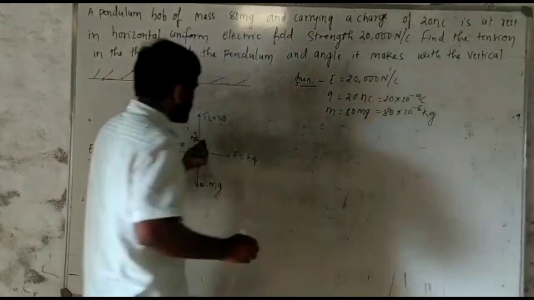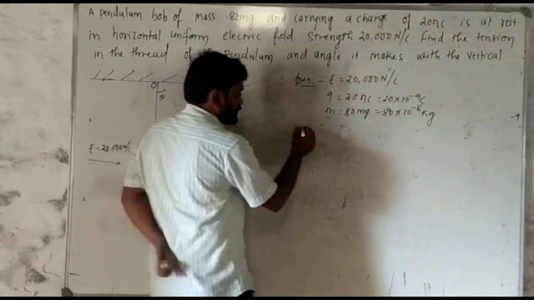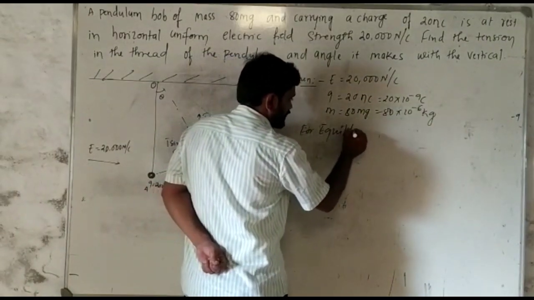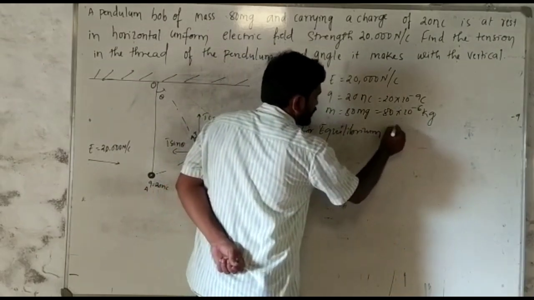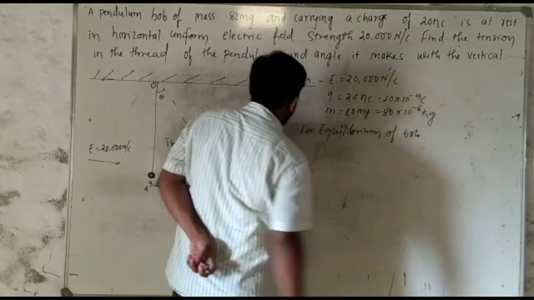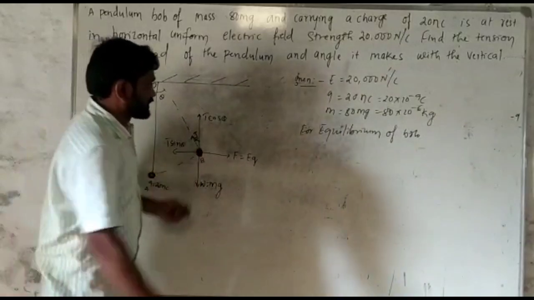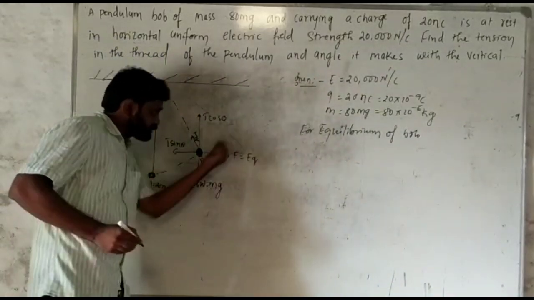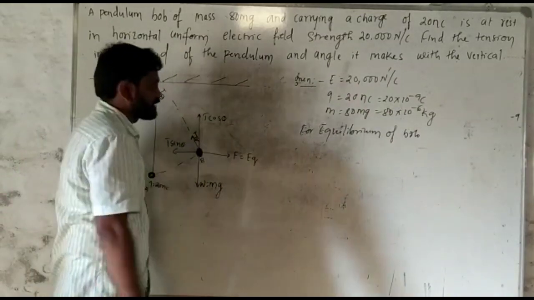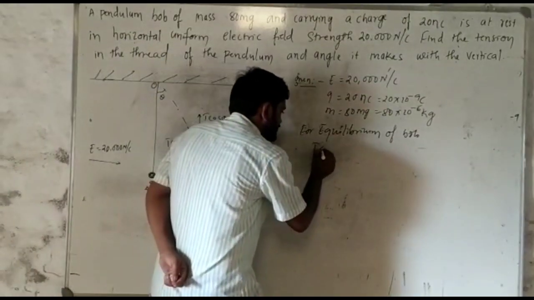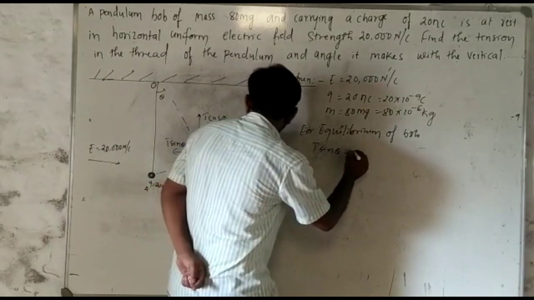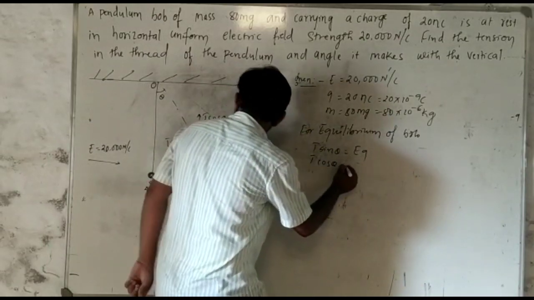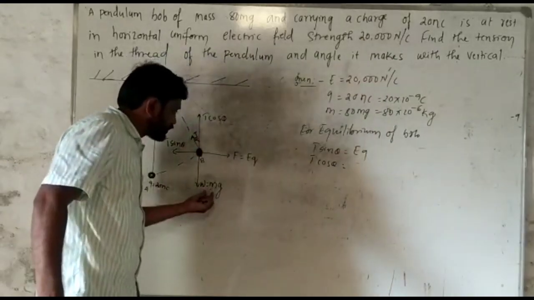Right, for equilibrium of the bob, T sin theta is equal to EQ, because both are equal and opposite. And T cos theta is equal to mg.